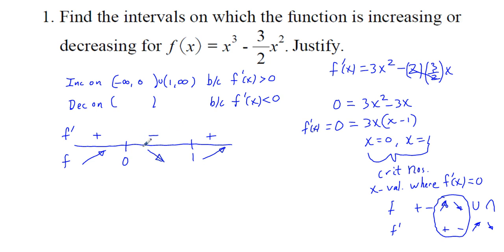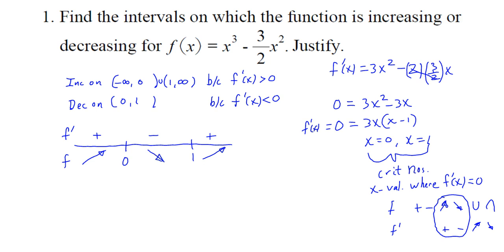And we are decreasing on which interval? Between 0 and 1. Why is that? Because f prime of x is less than 0. So a lot of good justification going on here.